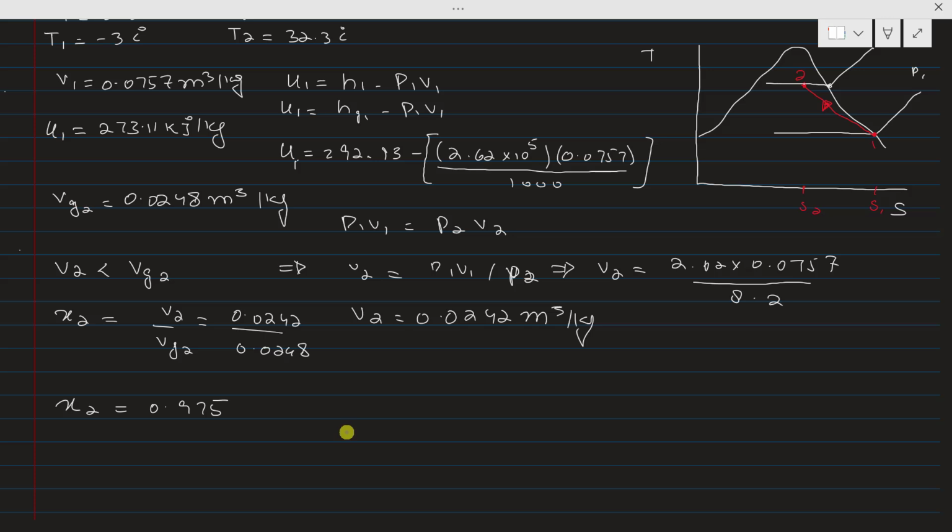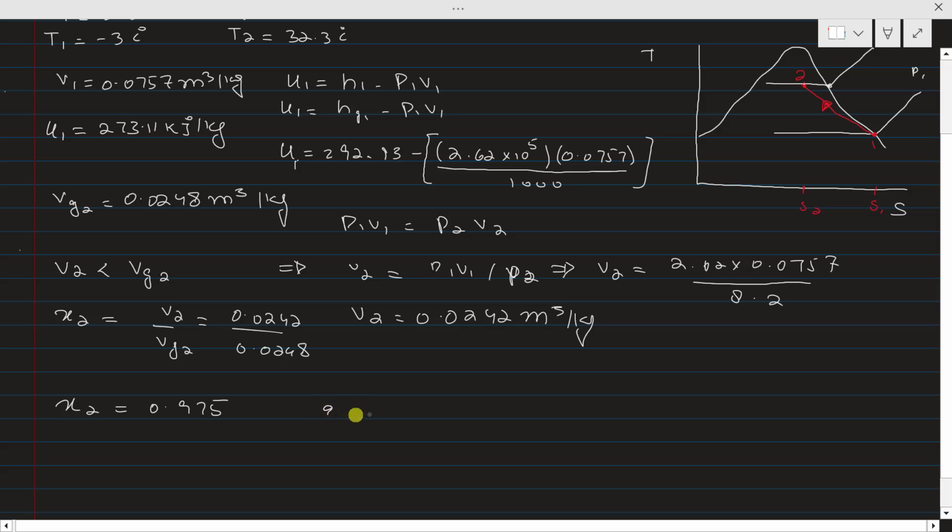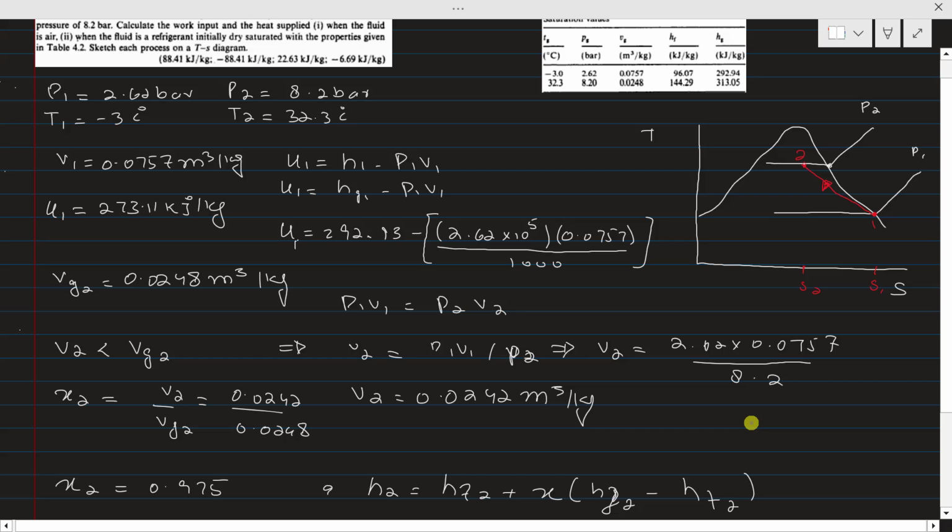The next we need to find the internal energy, and enthalpy also for finding the internal energy. So enthalpy for the state point 2 is equal to Hf2 plus x Hg2 minus Hf2. So where will you find these values? That is very simple.